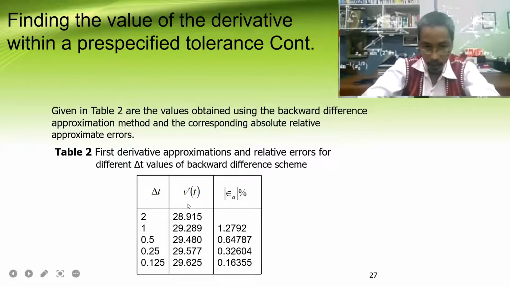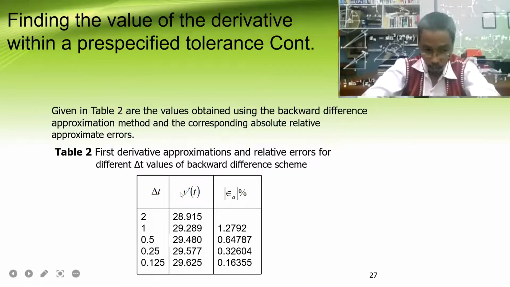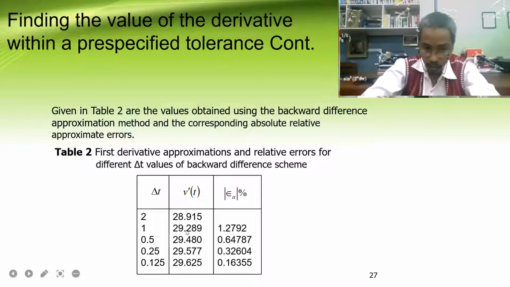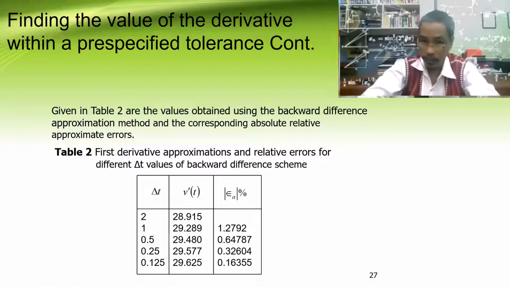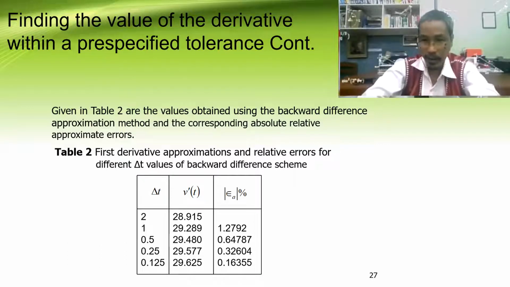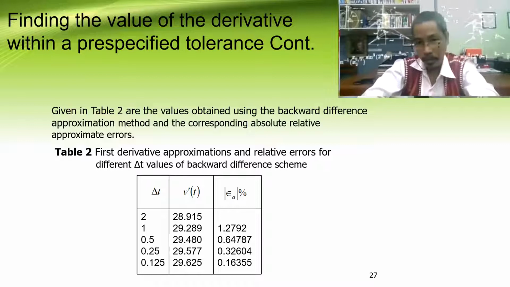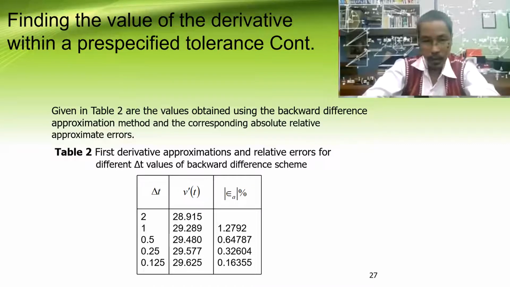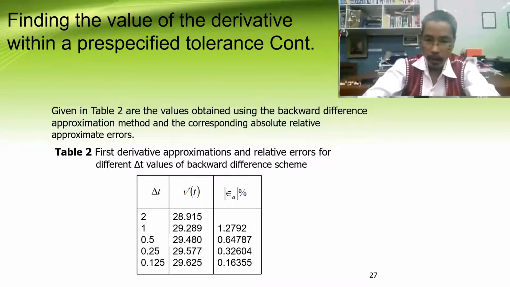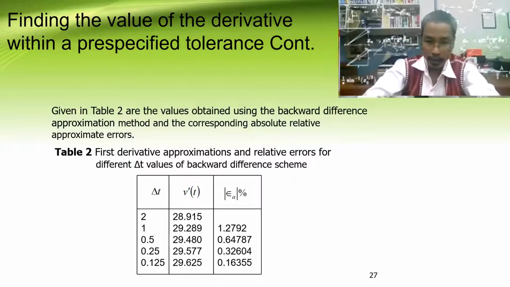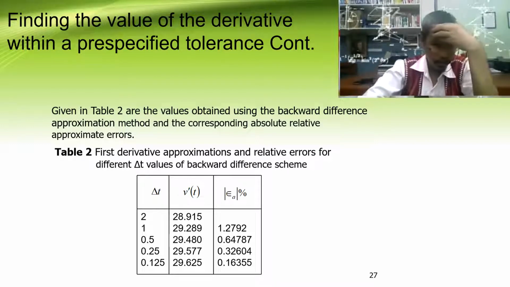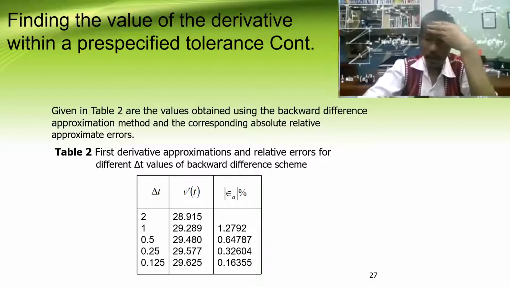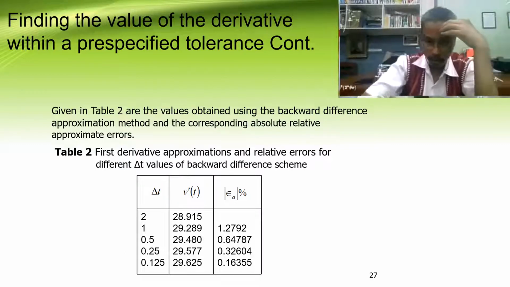But the value that we want is going nearer and nearer to the actual value, the true value. What is the true value of our required acceleration at 16 seconds? That is 29.674. That is the true value.